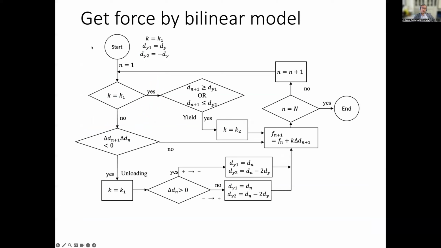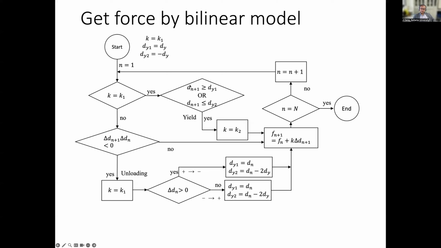So let's go through this first. We do from n equals 1 to the end. In the beginning we say k equals k1, right? And we check, initially k is k1.